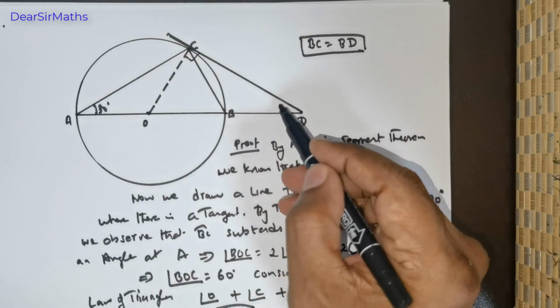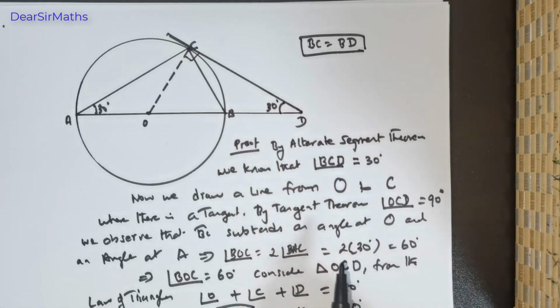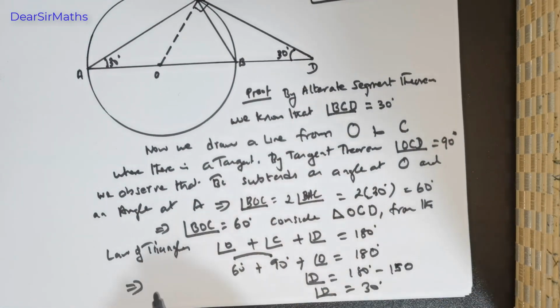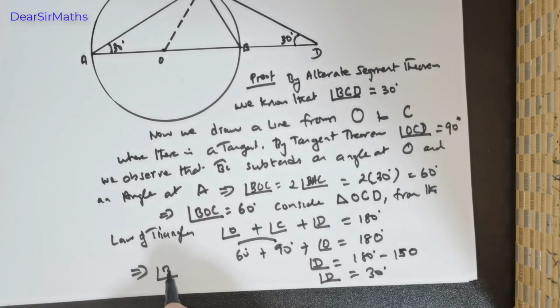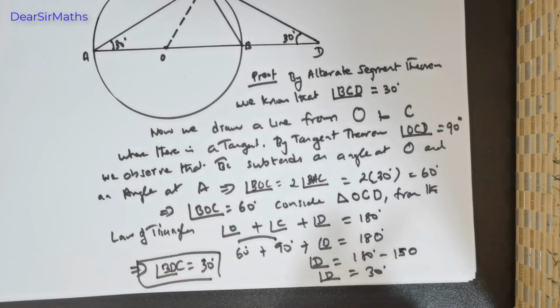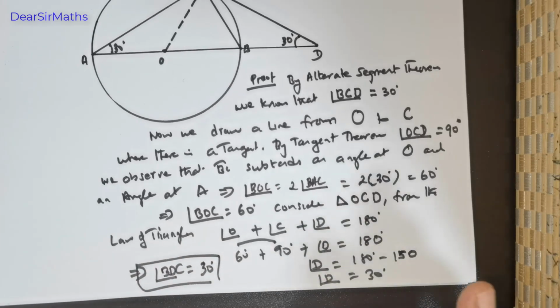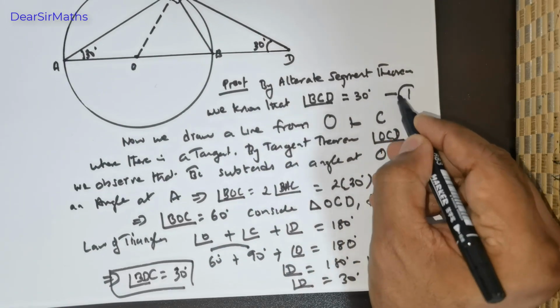So let me mention that this is 30 degrees. You can either state it as angle BDC is equal to 30 degrees, or you can simply have it as 30 degrees. Okay, fine. Now go to step number 1.